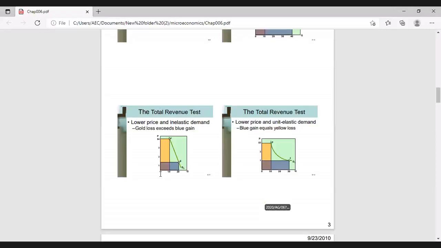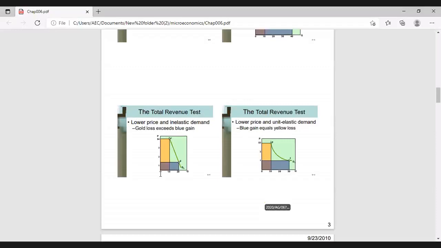The blue loss area is smaller than the yellow gain area. So when the price increases and total revenue increases, demand is inelastic.